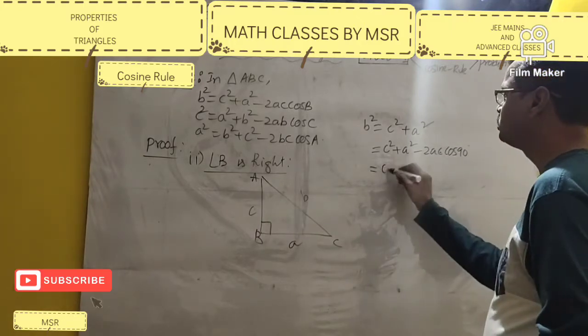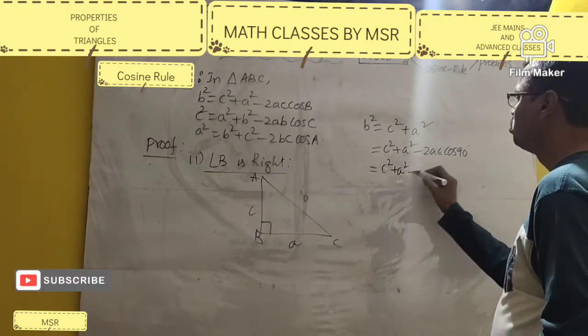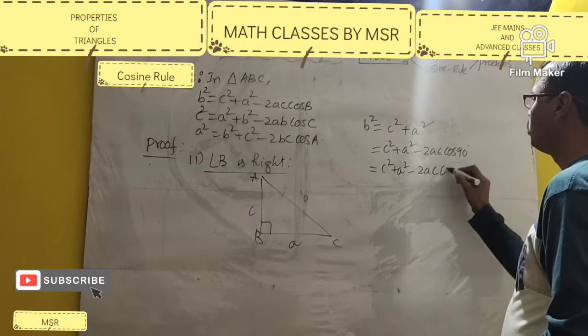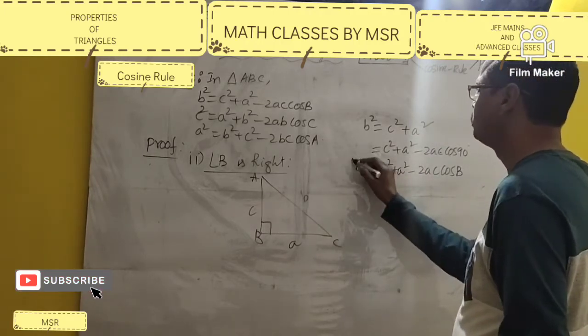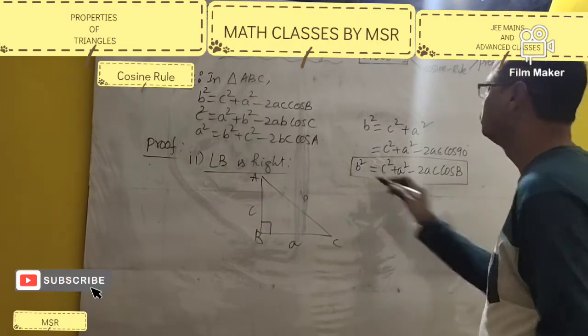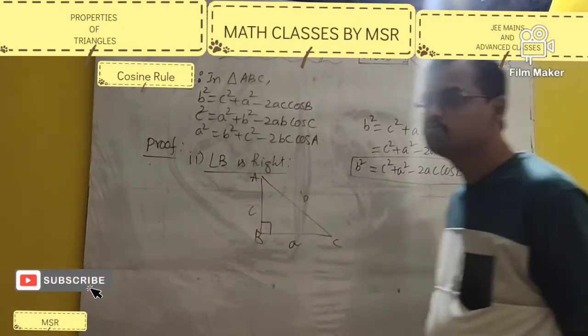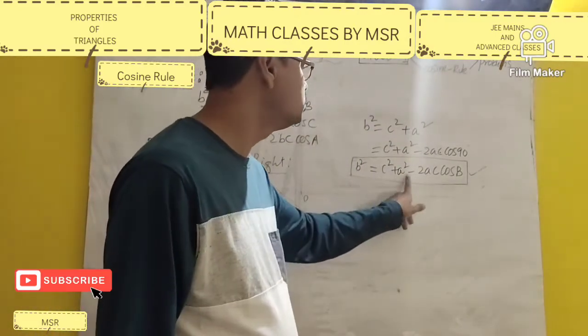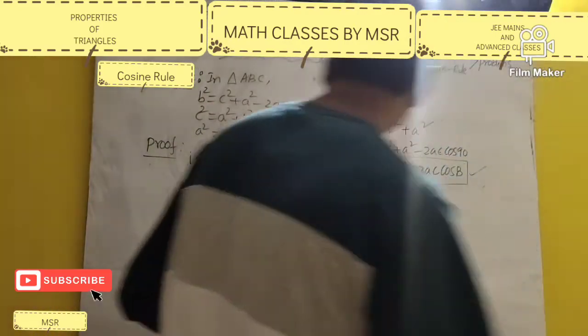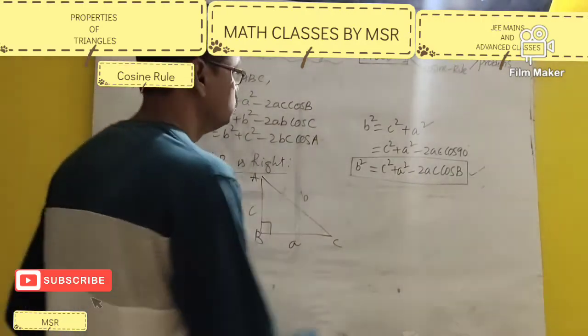So this I will write further as c² + a² − 2ac cos B, which is nothing but b². So b² = c² + a² − 2ac cos B. When angle B is right, we have also proved it.